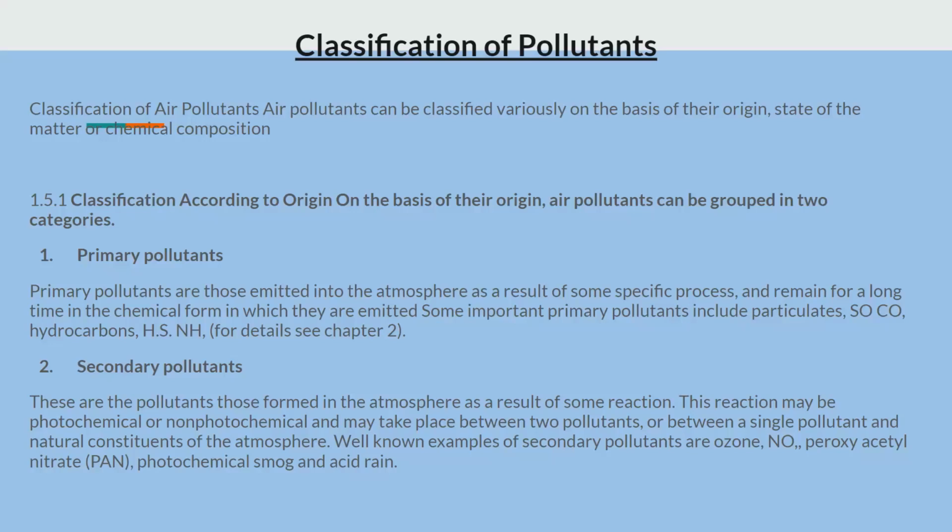Some reaction is nothing but some chemical reaction. Then this reaction may be photochemical or non-photochemical. Photochemical means in the presence of sun, and non-photochemical means in the absence of sun. It may take place between two pollutants or between a single pollutant and natural constituents of the atmosphere.